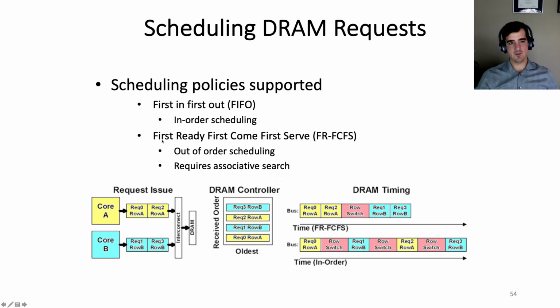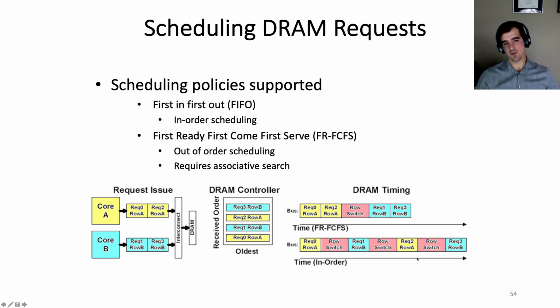But if you have a first ready, first come, first serve out of order DRAM access scheduler, then you can do an associative search in this queue, and you can pick out all of the elements that are accessing the same row, and then do those contiguously so that there's only one row switch here, and it vastly decreases the amount of time wasted getting these requests back from memory.